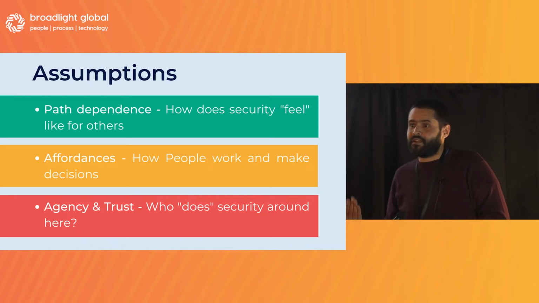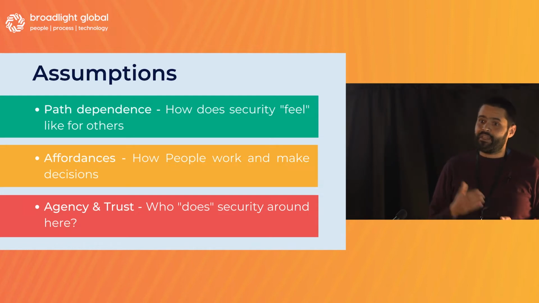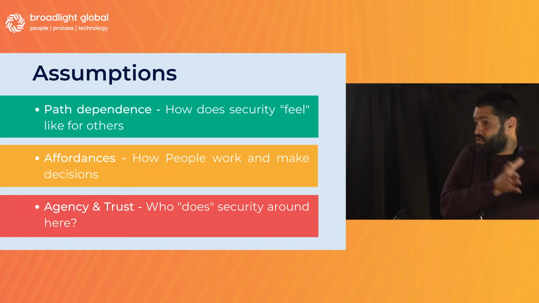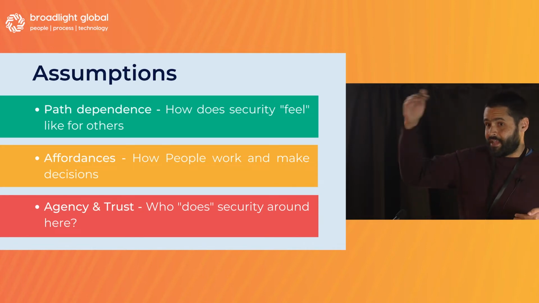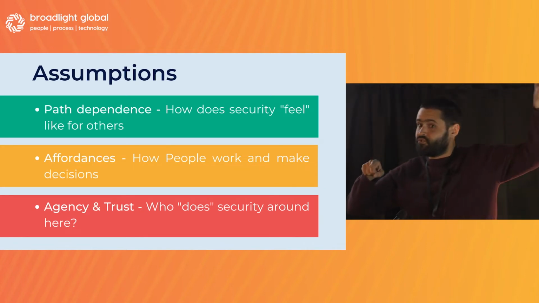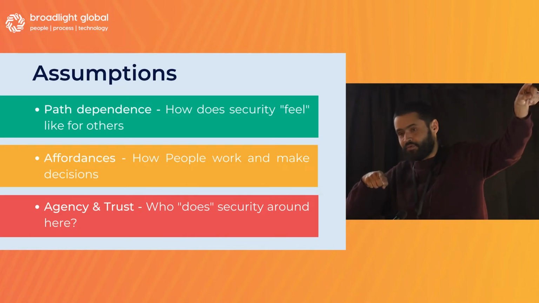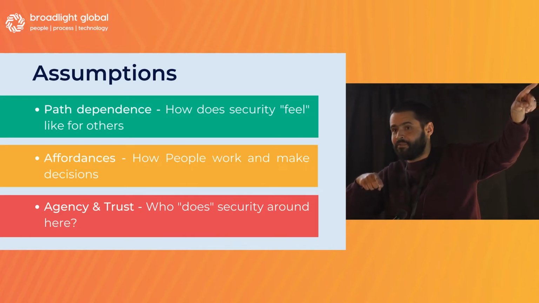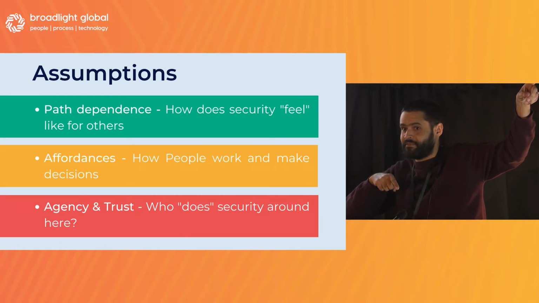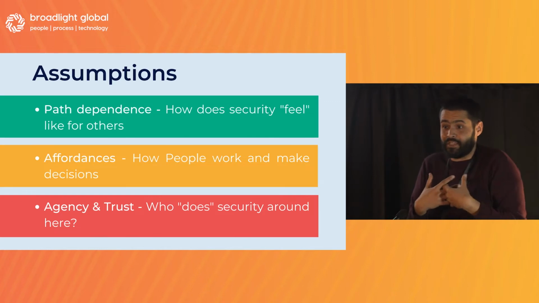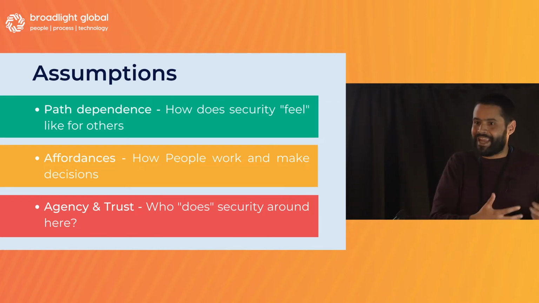Because if you only have, for instance, a security team that is based on looking at risk or compliance, what gets you over the line is that you need to do X, Y, and Z because that relates to my risk treatment plan that I've decided elsewhere, that I didn't contact you to ask if you had any thoughts on how to solve that problem, but I'm now telling you this is how you solve it. When we take that agency away from the people that are doing the doing, there's a certain set of dynamics that play out.